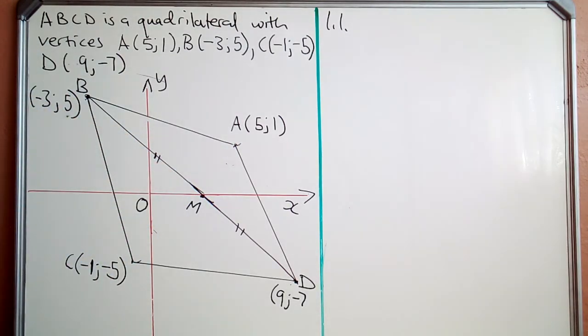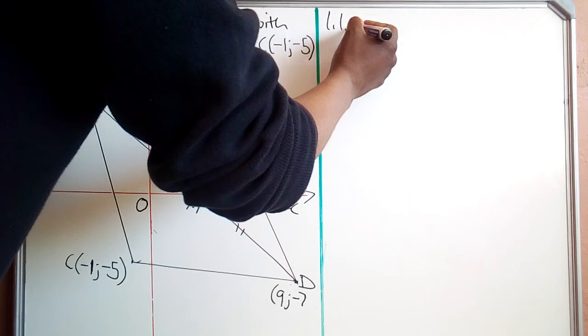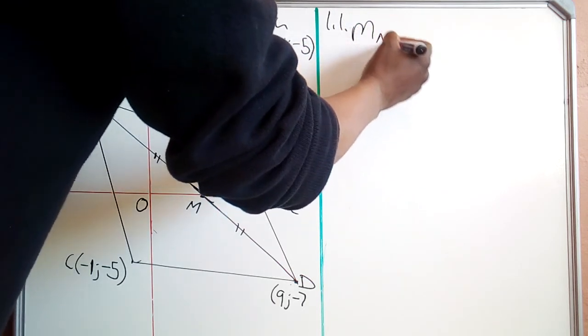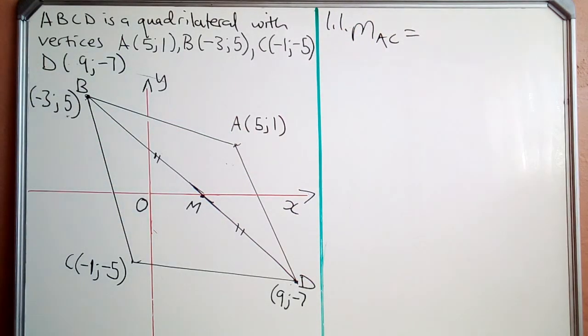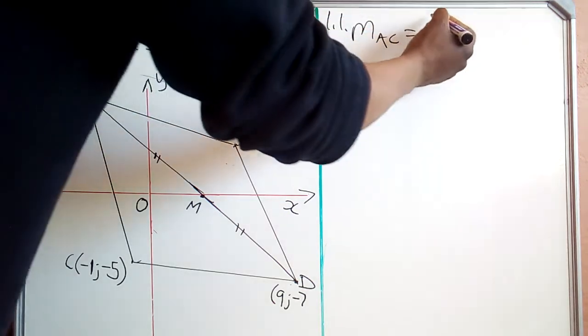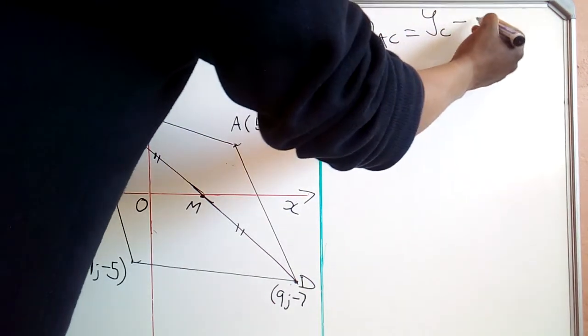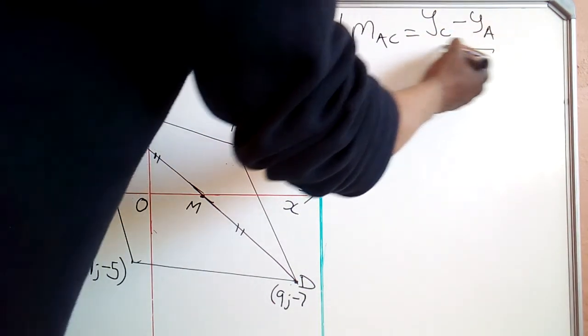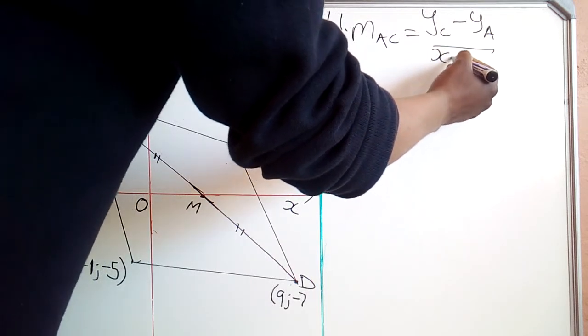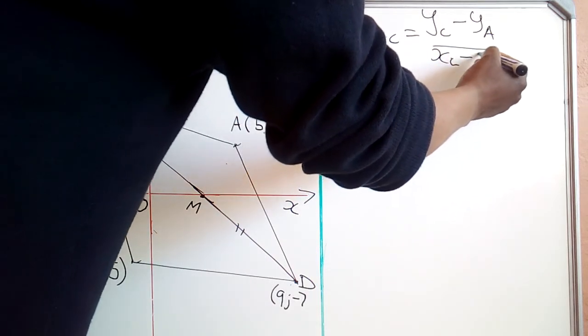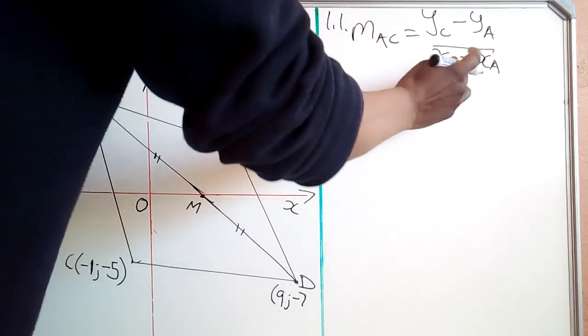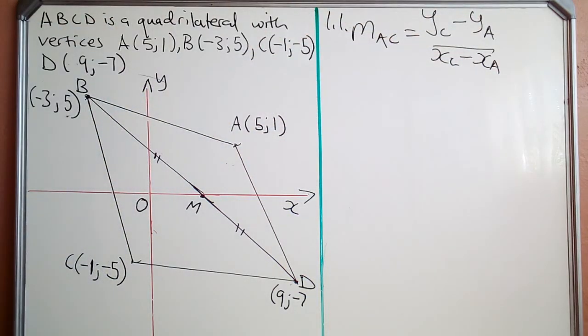The gradient of AC, m_AC, is equal to YC minus YA divided by XC minus XA. Now the A and the C show exactly which one is our Y2 as well as which one is our Y1.